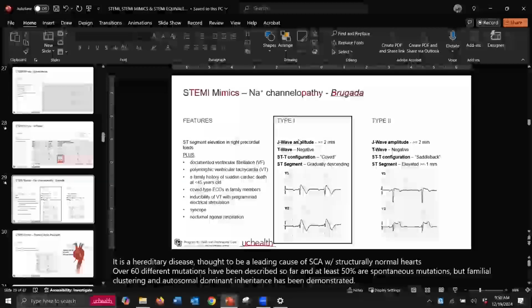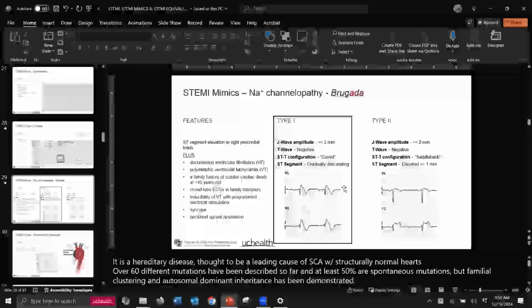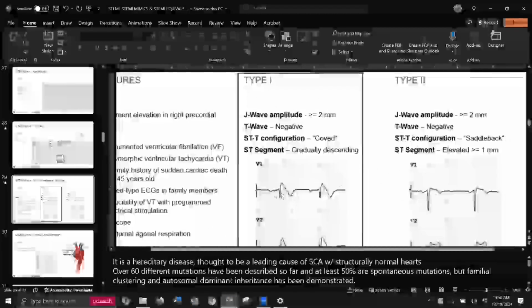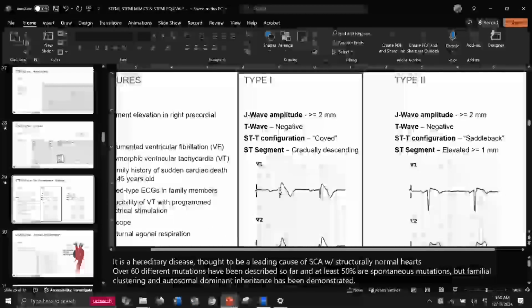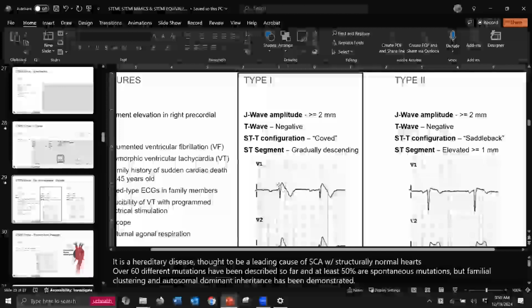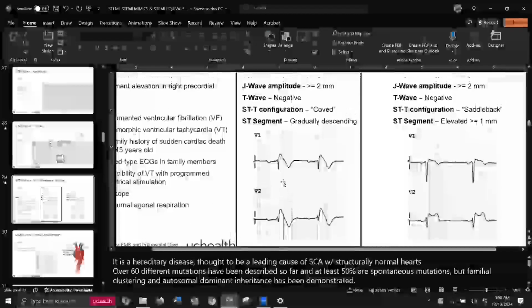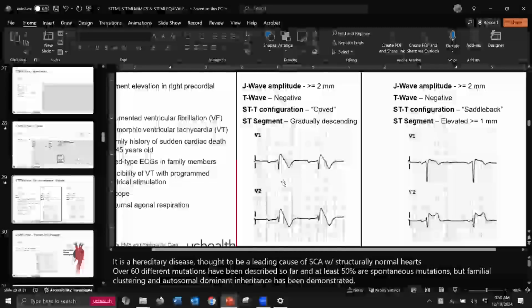And so much like the others, there are different types. Remember Wellens', we had a type 1 and a type 2. Brugada, we have a type 1 and a type 2. In type 1, we have an extreme elevation in the J wave, right? The QRS complex comes up, makes a J wave, it's elevated, and that needs to be greater than 2 millimeters.